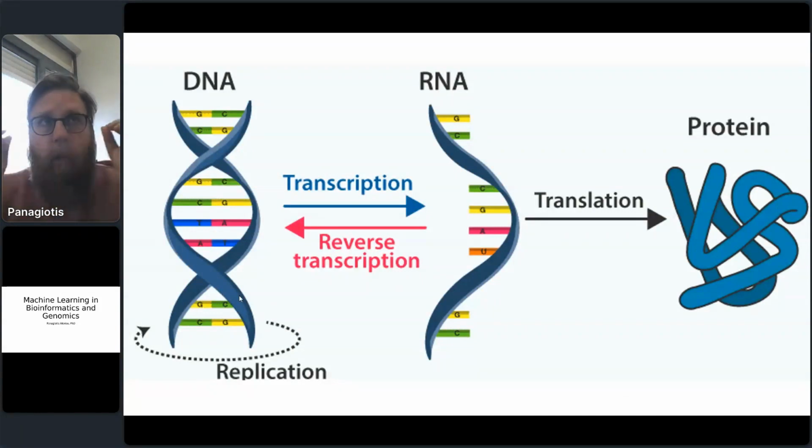Every cell in your body has the same DNA sequence, which is about 6 billion letters long, and it's the same in every single cell of your body, which means that, for example, a skin cell or a brain cell that are doing completely different jobs have exactly the same starting information.